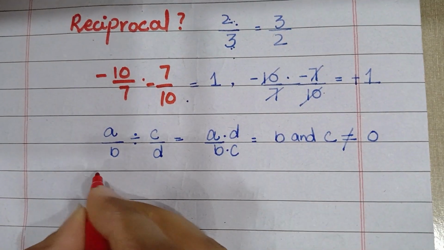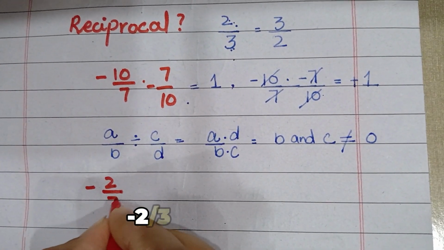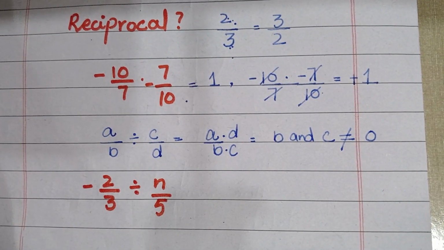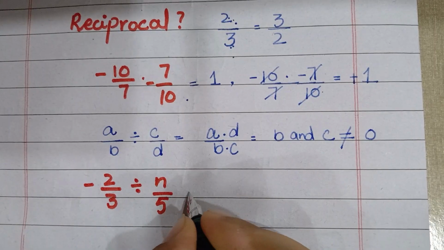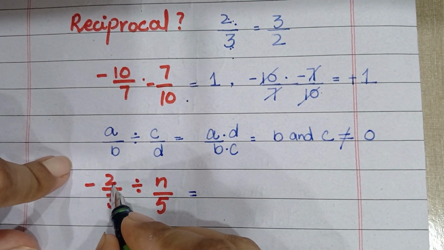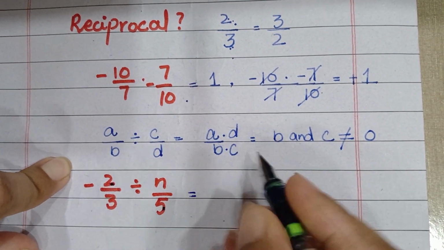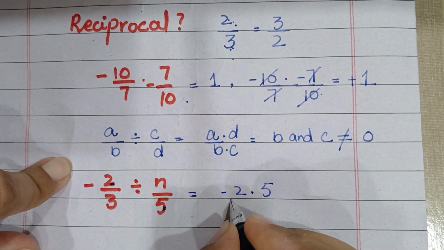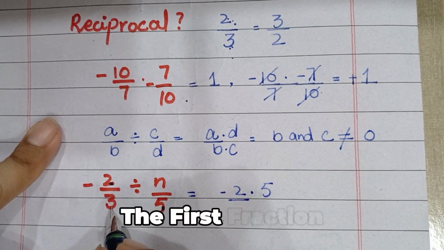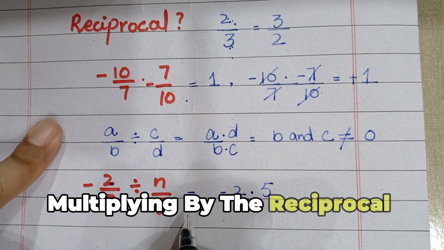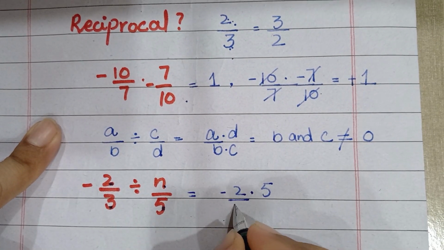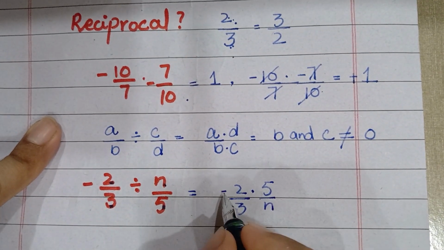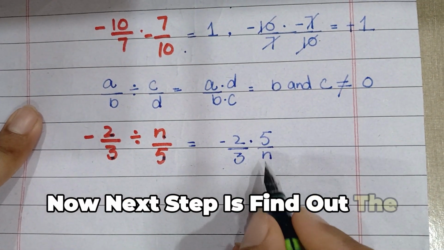Let's take an example: -2/3 divided by 5/n. First, to divide, we multiply the first fraction by the reciprocal of the second fraction. The next step is to find the sign of the product.